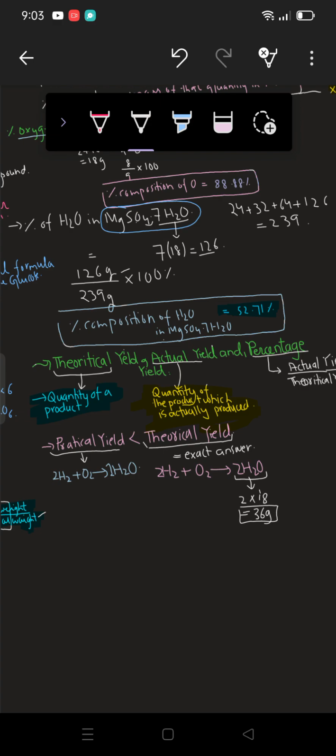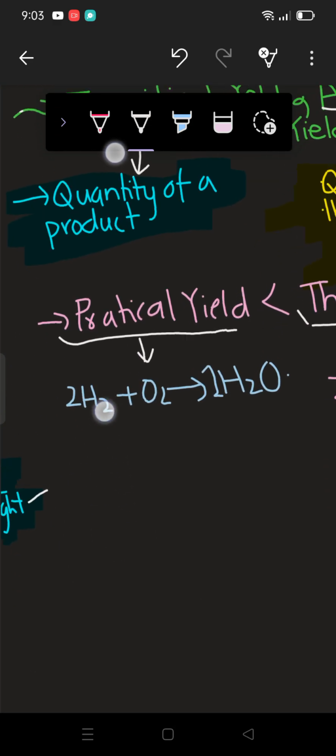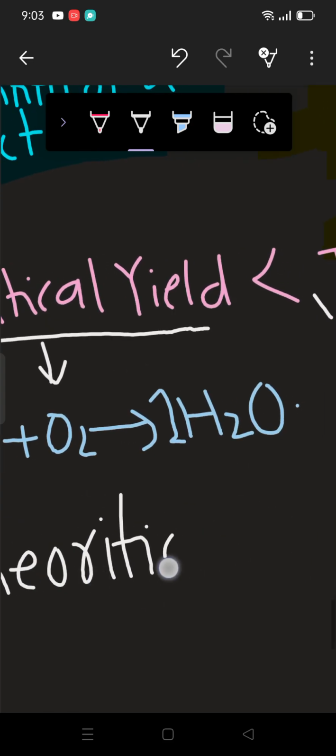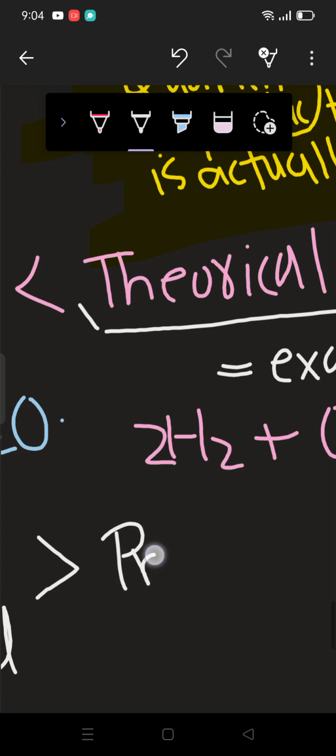So there may be some side reactions. That's why practical yield is always less than theoretical yield, or theoretical yield is always greater than practical yield, right?